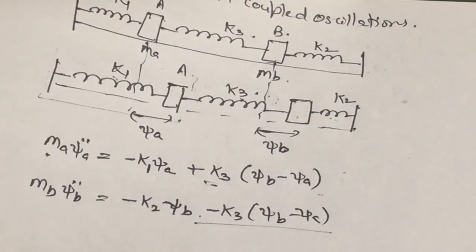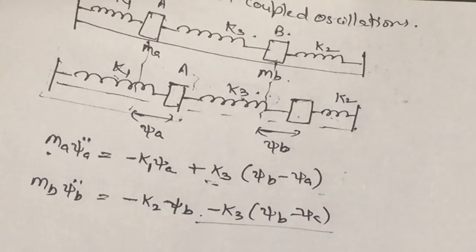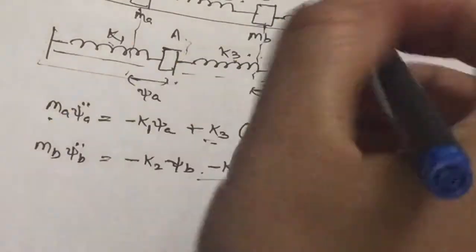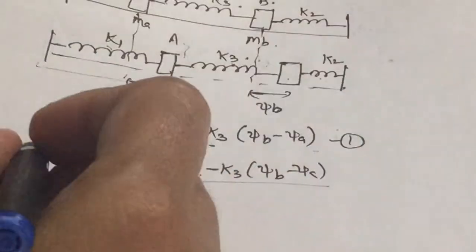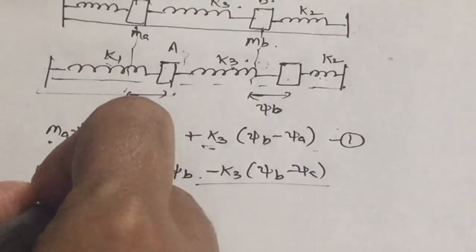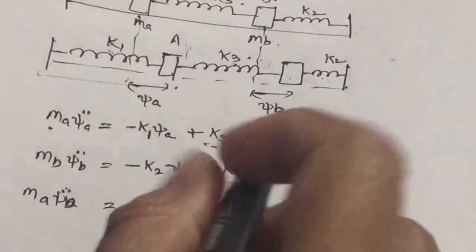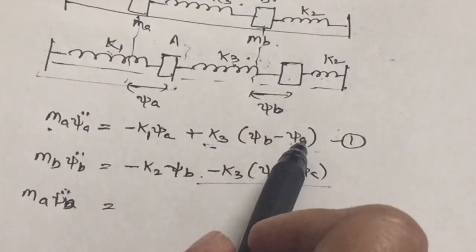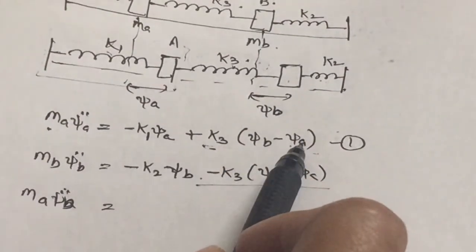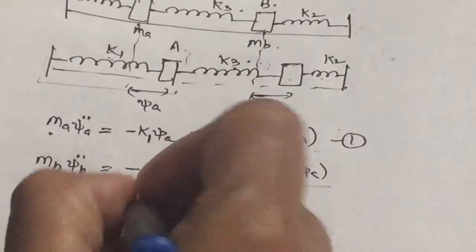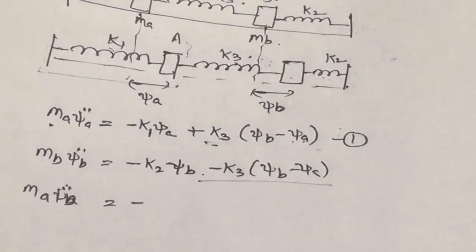Now, if we solve both these equations, from equation number 1 we will get mA psi A double dot is equal to, just open this bracket and collect the psi A terms and separate the psi B terms from the psi A terms.